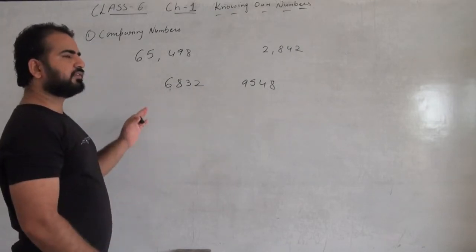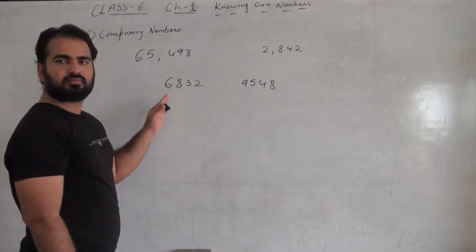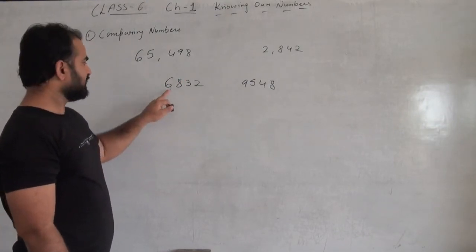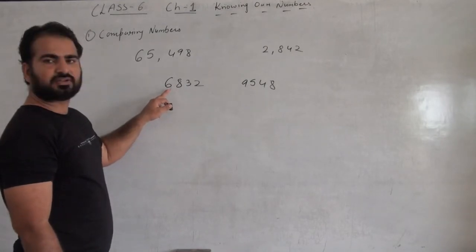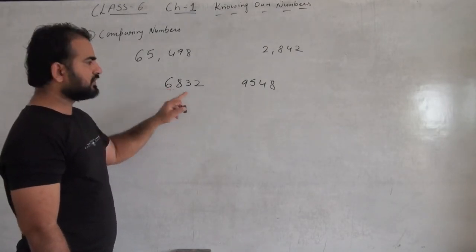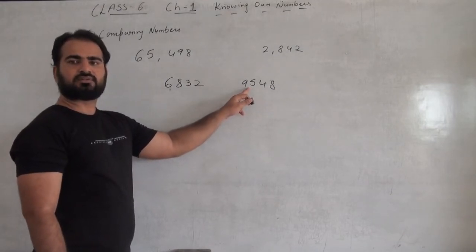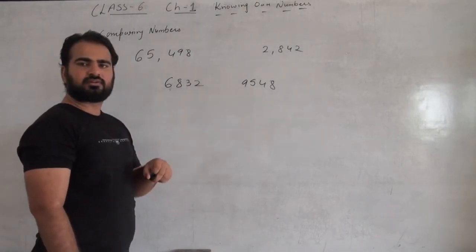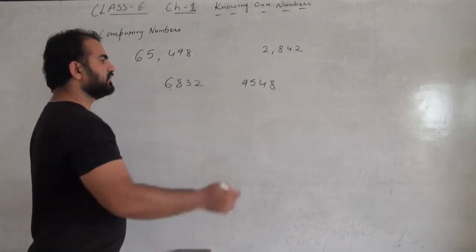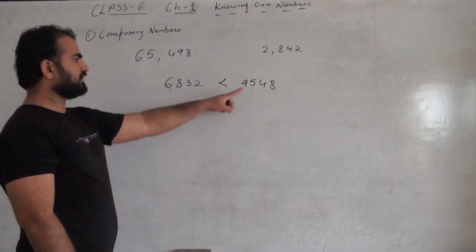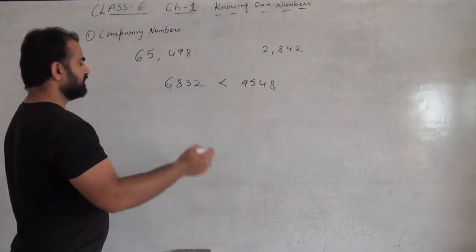So first of all we have to go to the maximum place, which is the thousands place. Here we have 6 on the thousands place, so it will be 6,000. And we have 9 on the thousands place, so it will be 9,000. Which one is bigger? 9,000. So we just use the sign. This one is bigger.